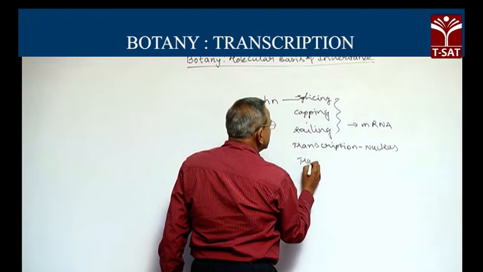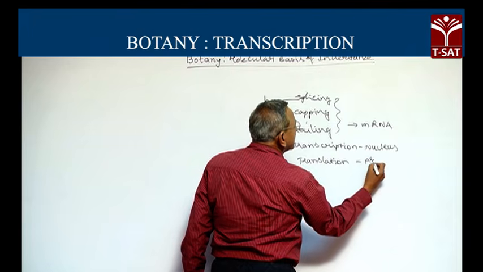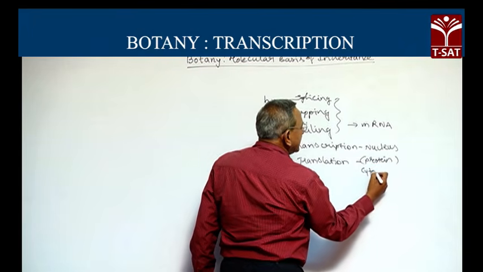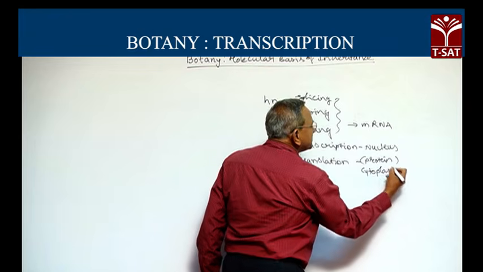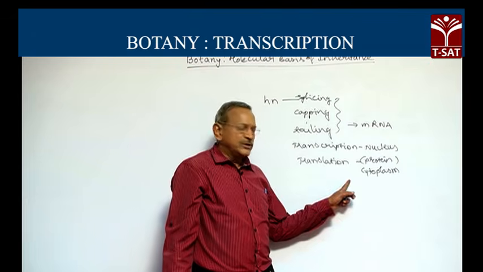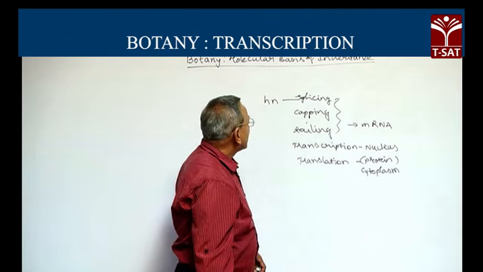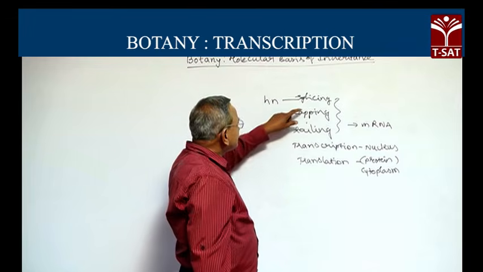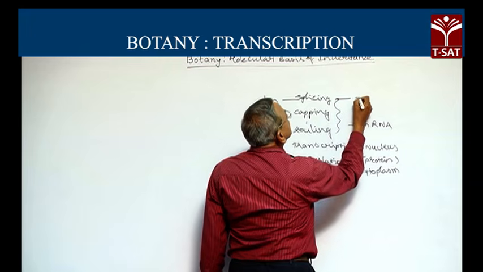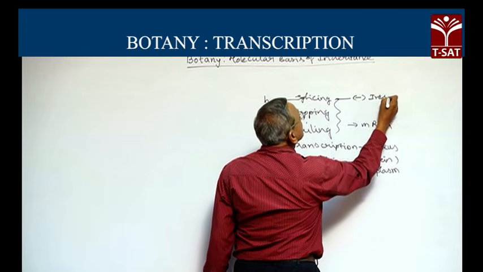Its translation into protein occurs in the cytoplasm, specifically inside the luminal part of rough endoplasmic reticulum. Translation process occurs there. So hnRNA, and during splicing what is removed? During splicing there is removal of intron portions.